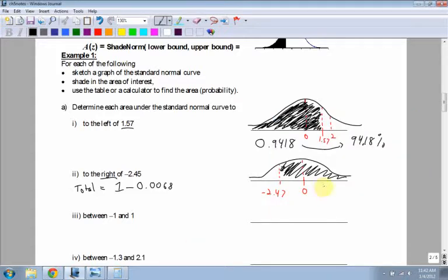So that means the area here is 0.9932, or 99.32%. Okay? So when you're dealing with to the right, you're going to have to take the total, which is 1, and subtract off the area which you found in your Z tables. Okay? Start off with 1, subtract off the area that you found on the Z tables because we're looking to the right.